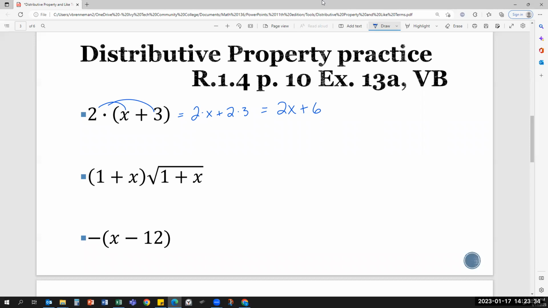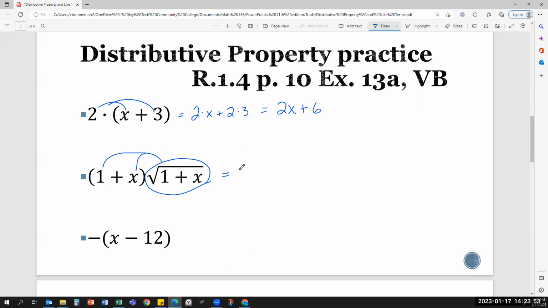Next we have the sum 1 plus x in parentheses being multiplied by the square root of 1 plus x. You want to think of the square root of 1 plus x as just one thing, being multiplied by the sum of 1 and x. So it's being distributed and multiplied by the 1 and the x.